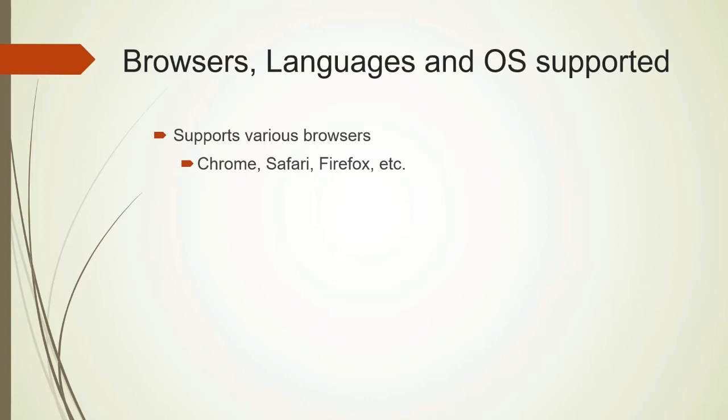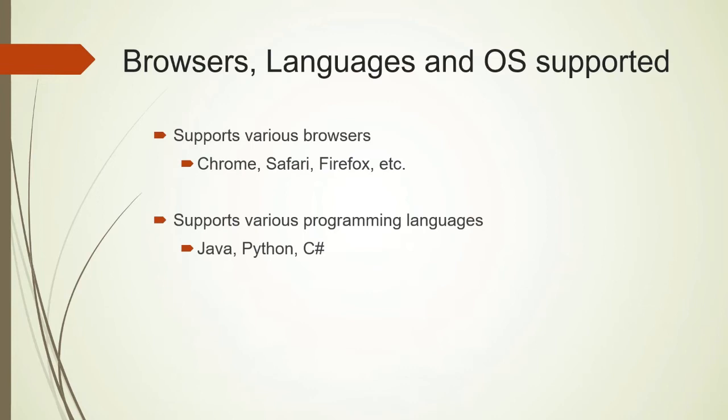It supports various browsers like Chrome, Safari, Firefox, etc. It also supports various programming languages like Java, Python, C#. It also supports multiple operating systems like Windows, Mac OS, and Linux.